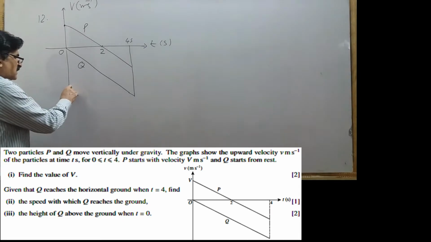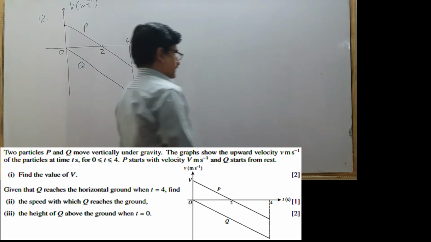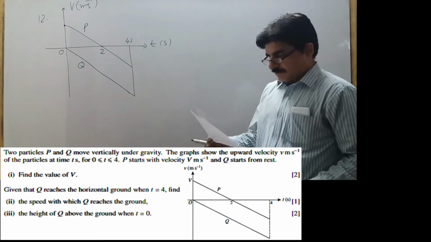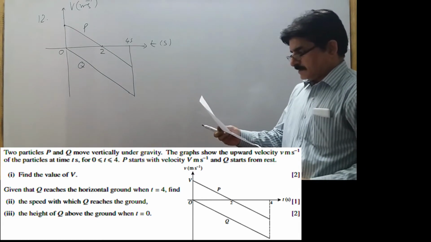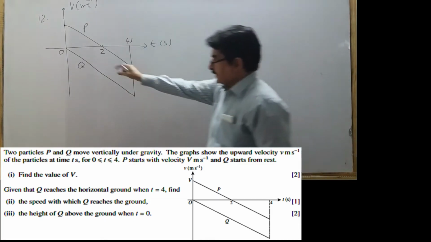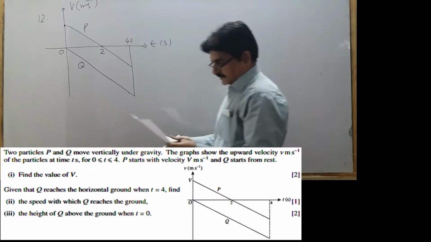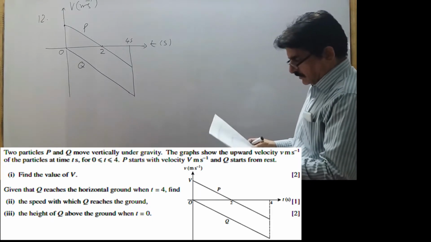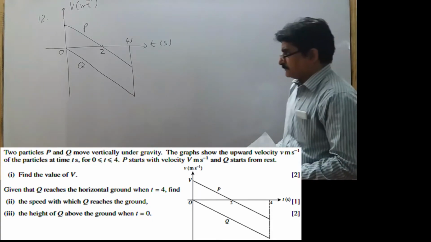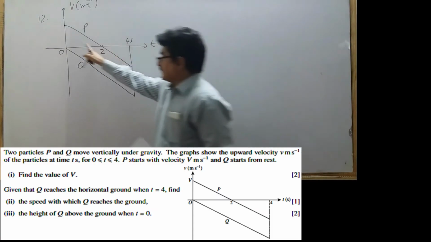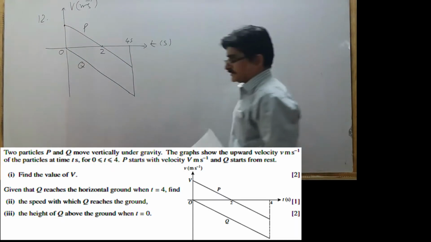What does this mean? Now let us discuss. The question asks the first part. So Q starts from rest. Yes, Q starts from rest, but P doesn't start from rest. And it's vertical motion. So now I explain briefly what is happening. Actually, the initial velocity of P is positive.